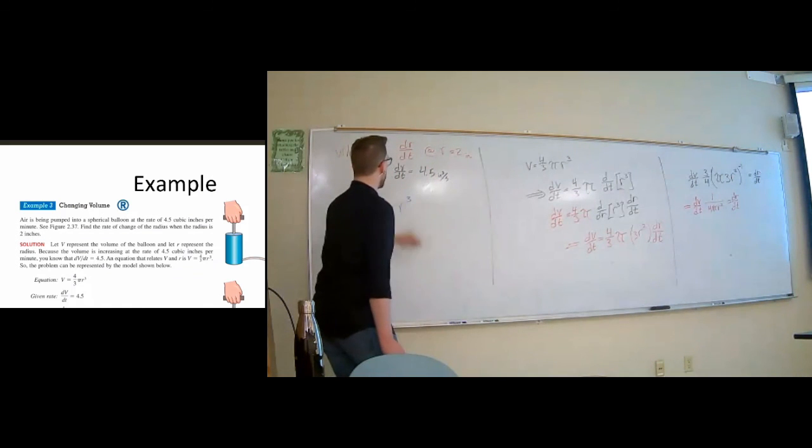Well, we know dV dt and we know r. So now we can plug those in and solve for dr dt, and find out how fast the radius of this balloon changes with respect to time. Cool?